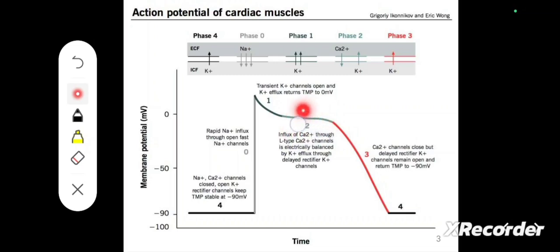At phase 2, or the plateau phase, the calcium channels remain open and potassium efflux is eventually balanced by calcium influx, keeping the membrane potential relatively stable for about 200 milliseconds, resulting in the plateau phase. So the membrane potential stays stable due to the balance of potassium efflux by the influx of calcium ions.